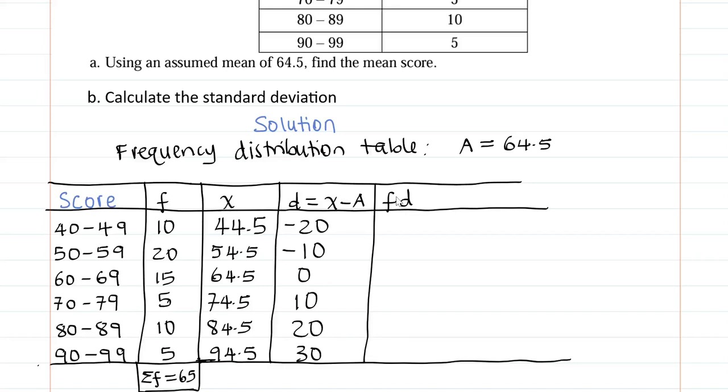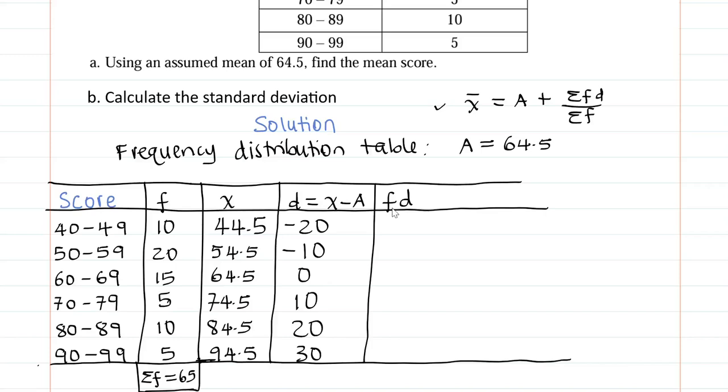We know that when we are finding the mean using the assumed mean, we say our mean x bar equals the assumed mean plus the summation of FD out of the summation of F. This is the formula. So we need to get all these values such that we substitute them in the formula for finding the mean using the assumed mean.